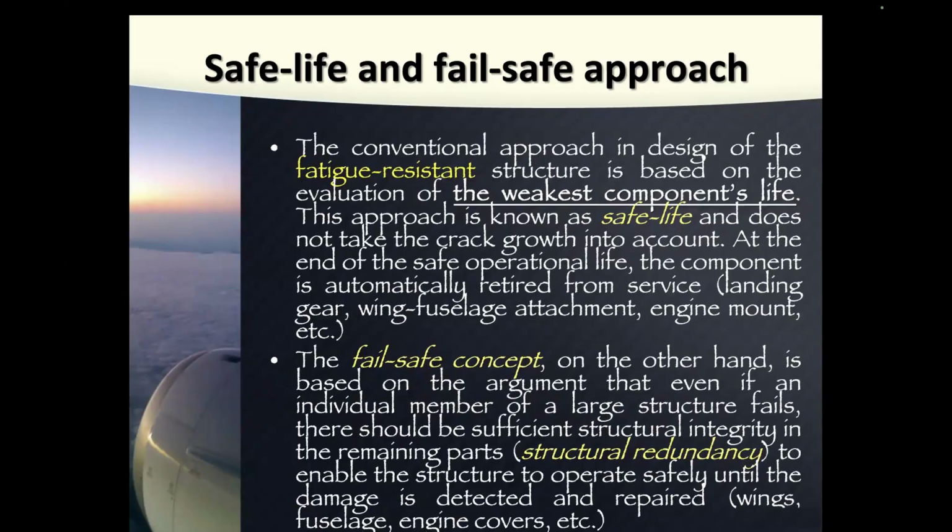Now they're testing these three pieces, and they discovered cracks on the thrust links. What is a thrust link? The thrust link is the part of the aircraft which connects the wing with the engine.